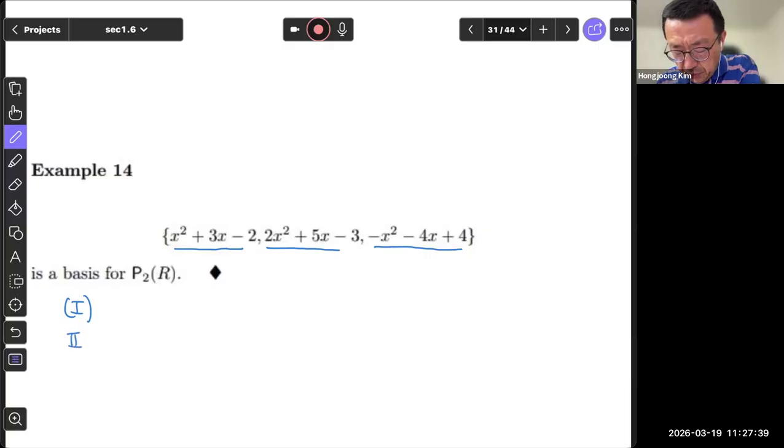Proof number two, since I know that the dimension of P2 is 3, and I have 3 vectors, you can just show, so here number one, you can show the spanning part and the independent part.